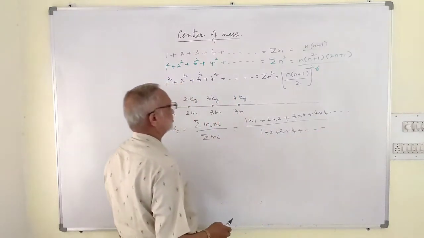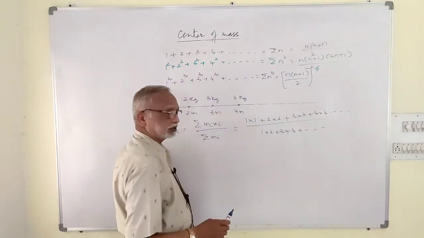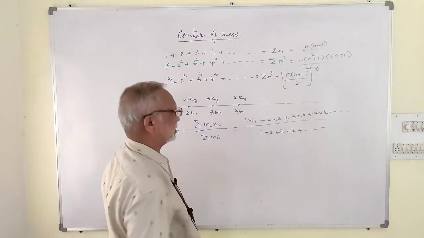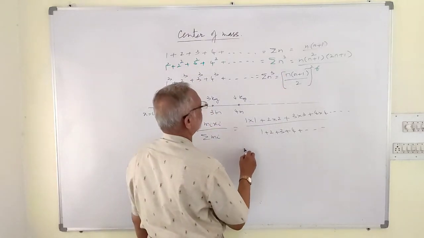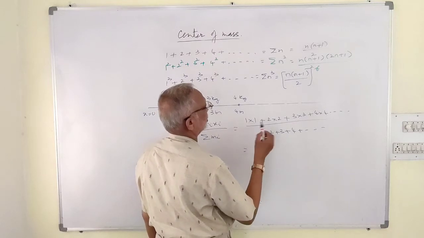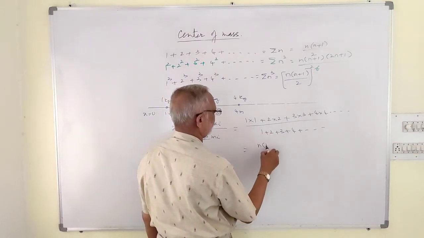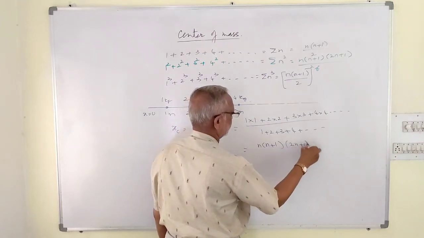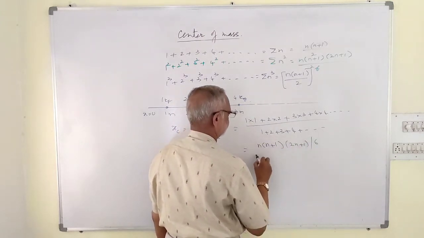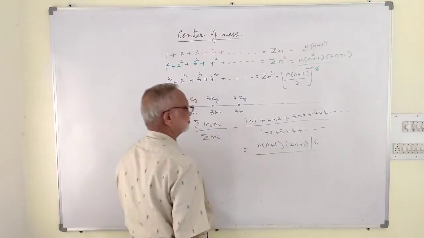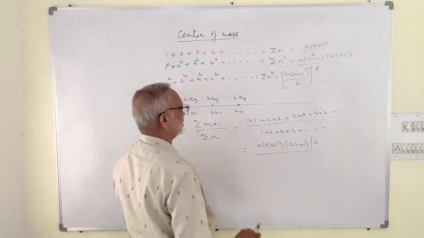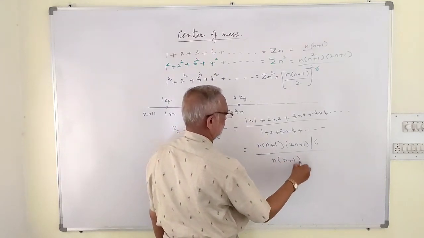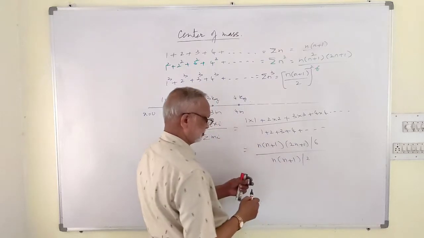So numerator is a series of squares and denominator is a pure arithmetic series. So the sum of the numerator is n into n plus 1 into 2n plus 1 whole divided by 6, whole divided by the sum of the denominator series, n into n plus 1 whole divided by 2.